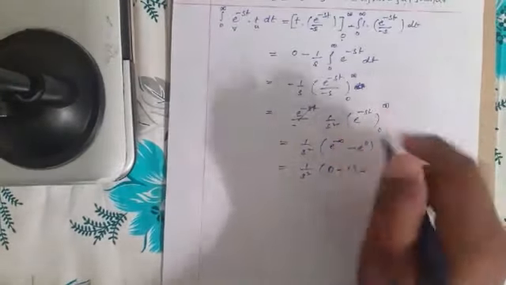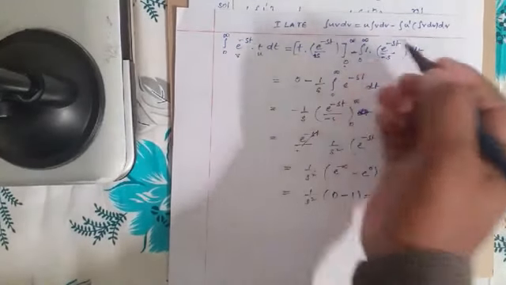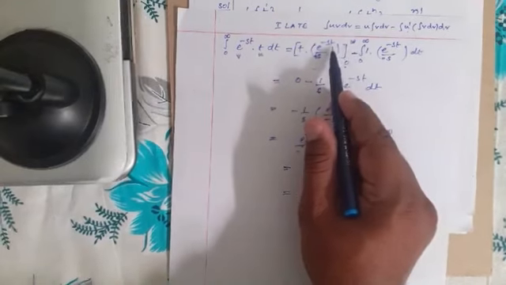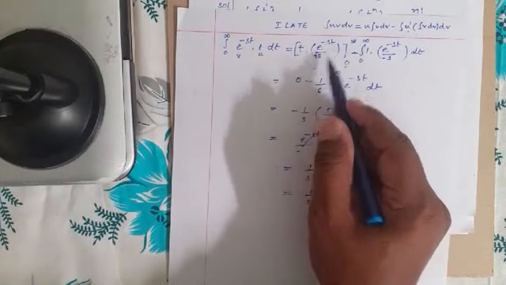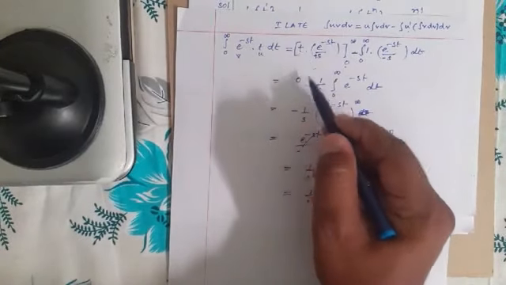So let us check once here. e power ax by a, so here we have e power minus st, so we have to take only s here. Now we are applying the upper limit infinity to t, so that becomes e power minus infinity, which is 0. When you apply 0 to t, this becomes 0.